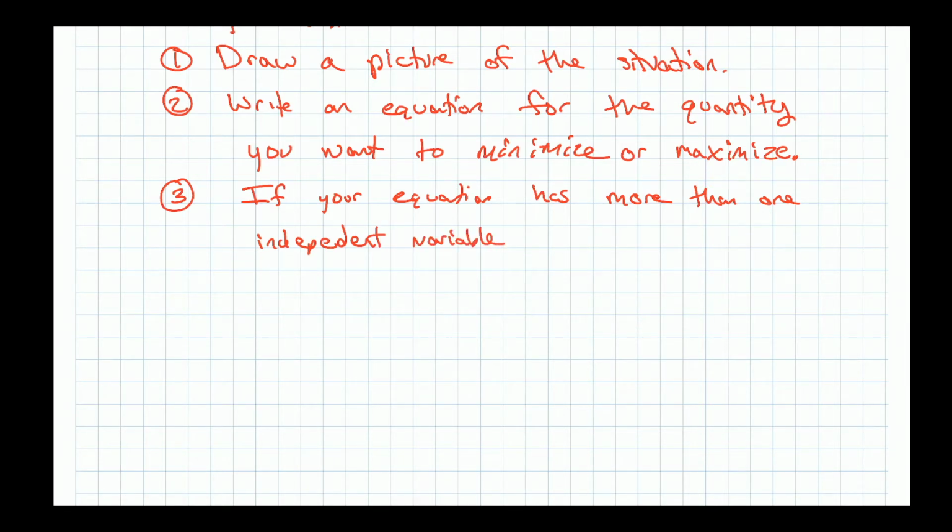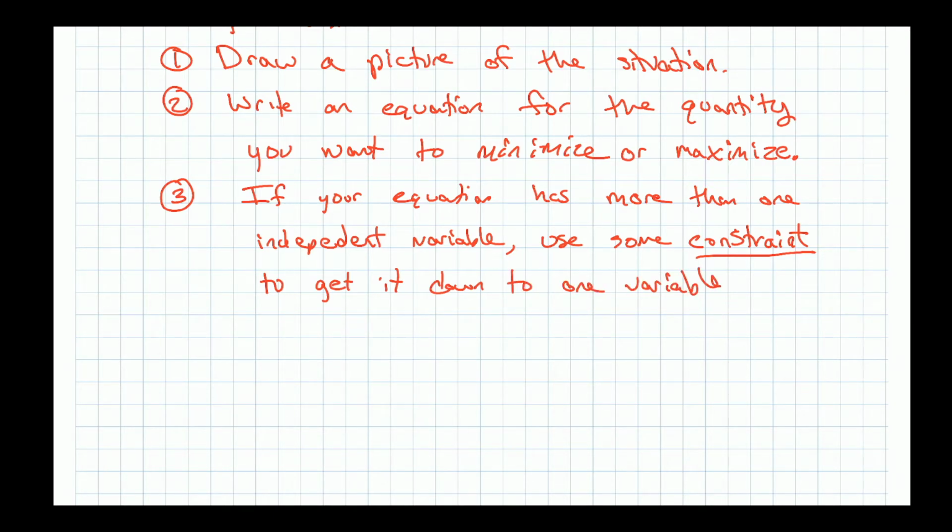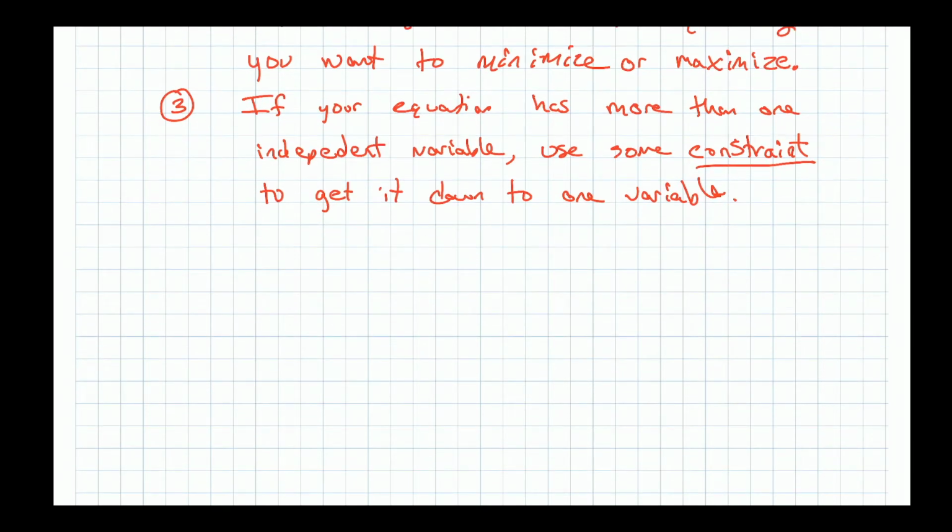So if you have more than one of those, then you need to use some kind of constraint in the problem. A constraint is like another equation that restricts your variables in some way. Use some constraint to eliminate those variables and get it down to one variable. You don't always have to do that, but sometimes you do.